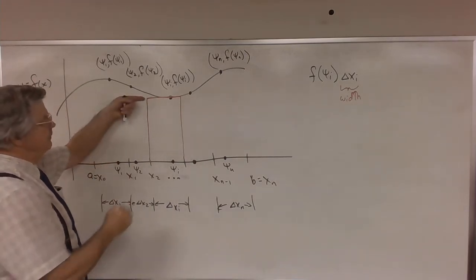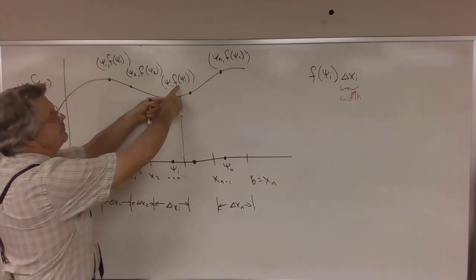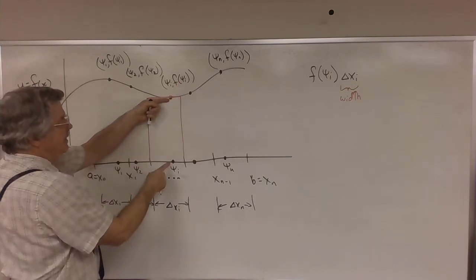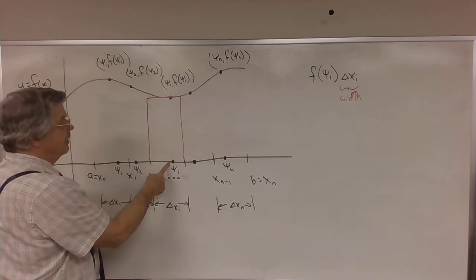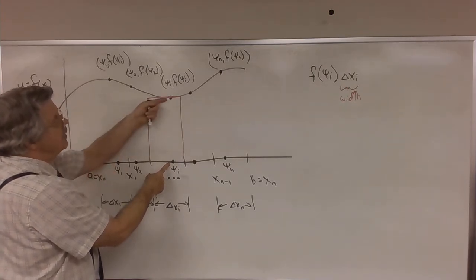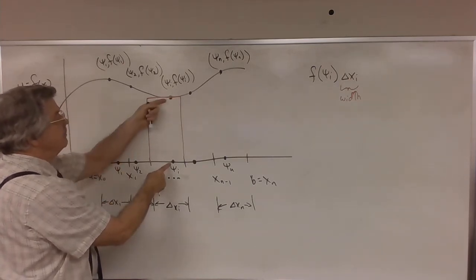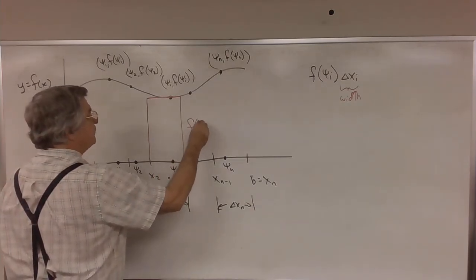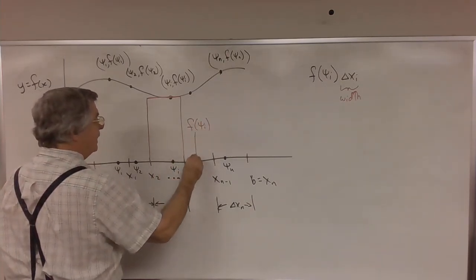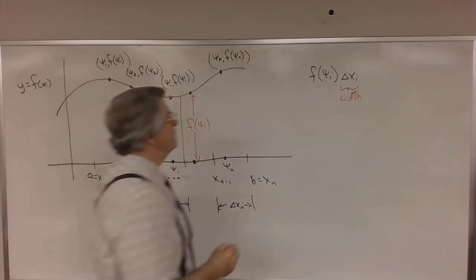And let's see, what's this distance here? It's the difference of the y-coordinates. Here the y-coordinate is f of psi sub i. Here the y-coordinate, since it's on the x-axis, is 0. So the difference of the y-coordinates is f of psi sub i minus 0. The distance is just f evaluated at psi sub i. That's the height of the ith rectangle.